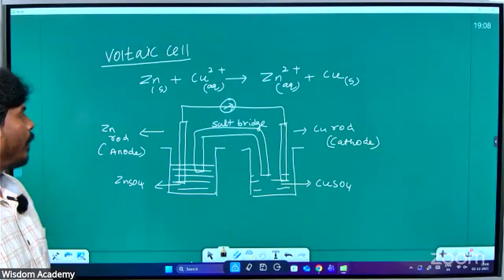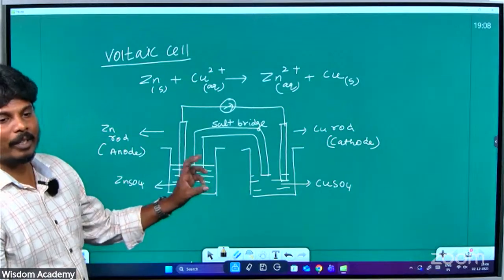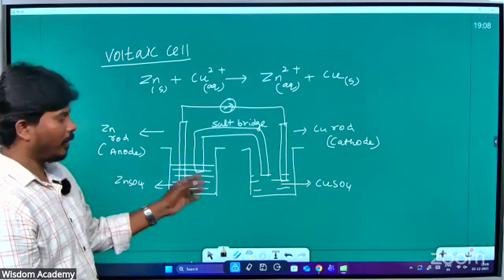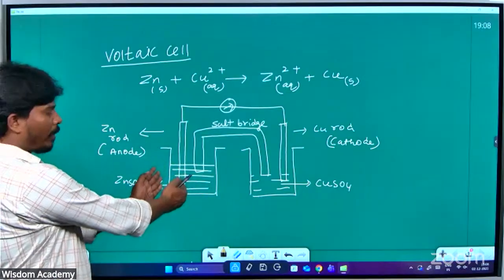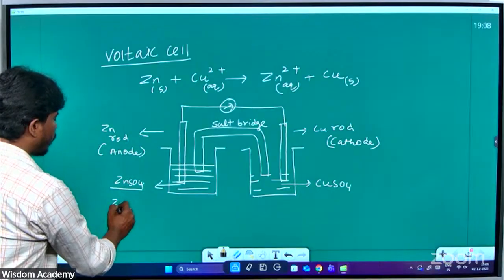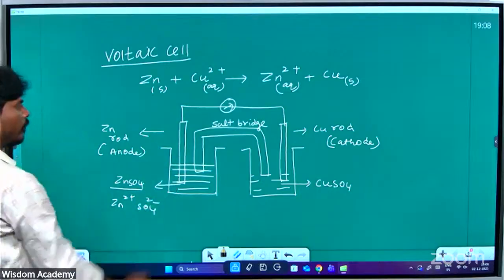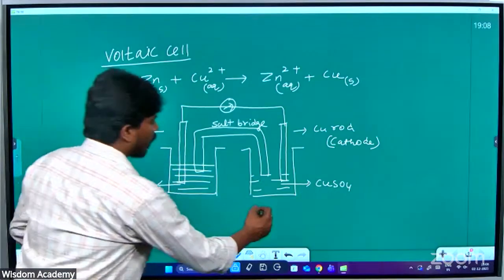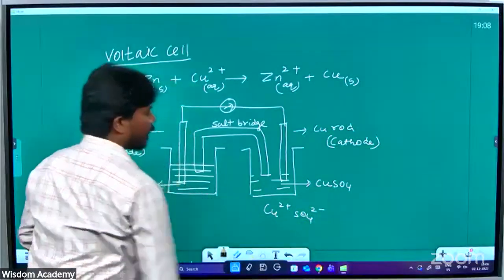To maintain electrical neutrality, to keep the ion level equal on both sides. Zinc 2+ and sulfate ions are present in the first compartment, and another contains an equal number of copper 2+ and sulfate 2- ions.